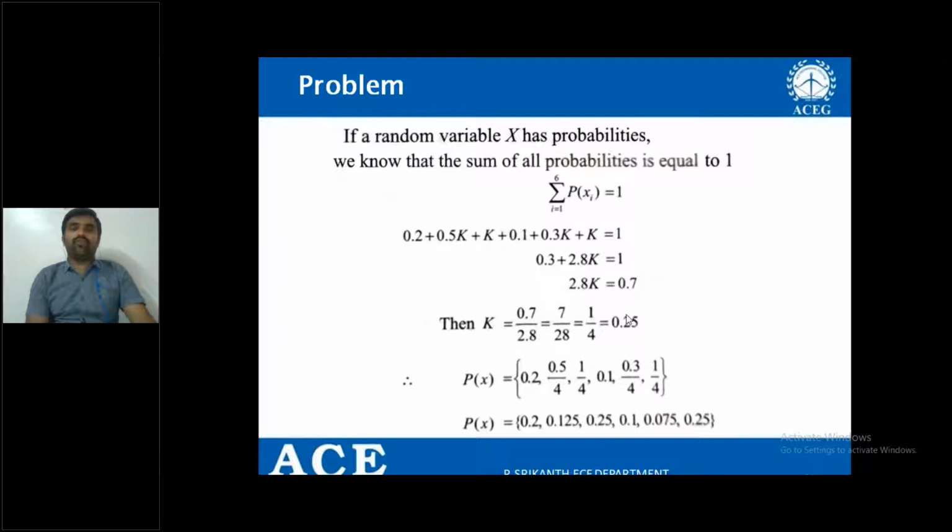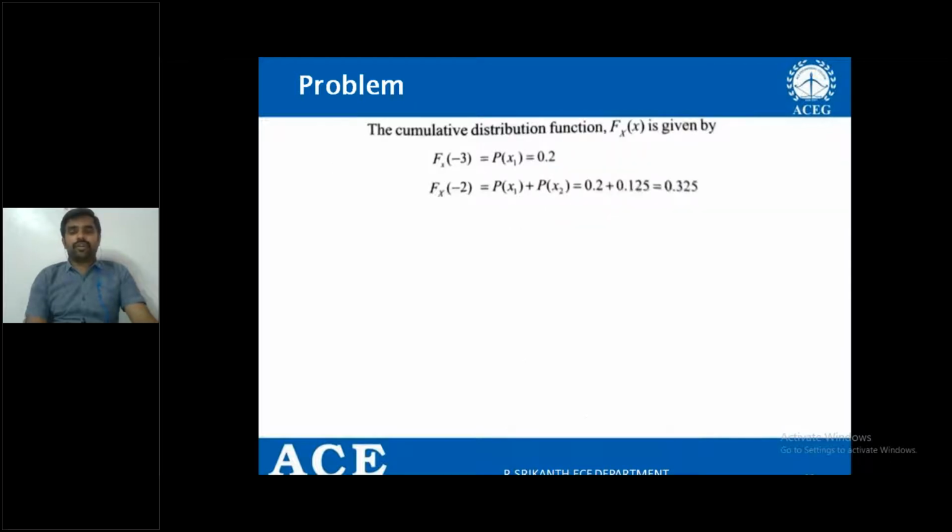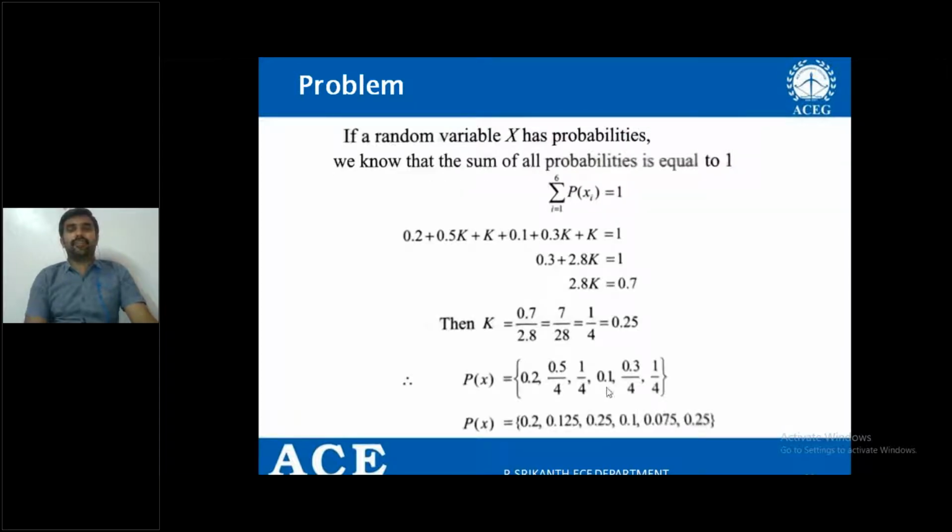Therefore, by substituting the k value, I can write the probabilities as p of x equal to 0.2, 0.5 by 4, 0.1 by 4, 0.1, 0.3 by 4, 1 by 4. These are the probabilities, or we can also write them in decimal values. So that is the first problem, where you need to find the value of k.